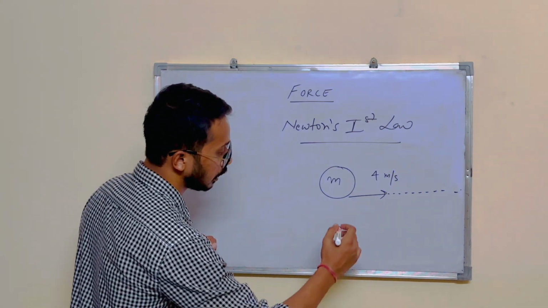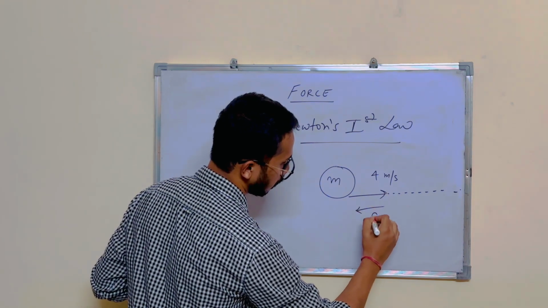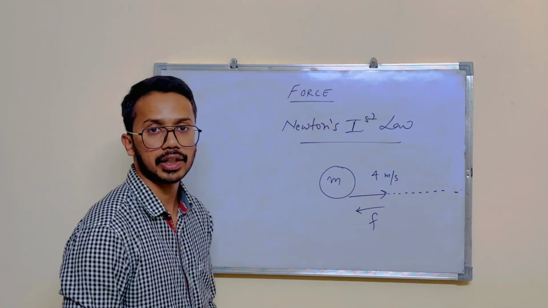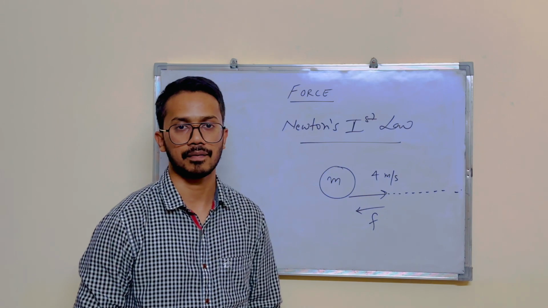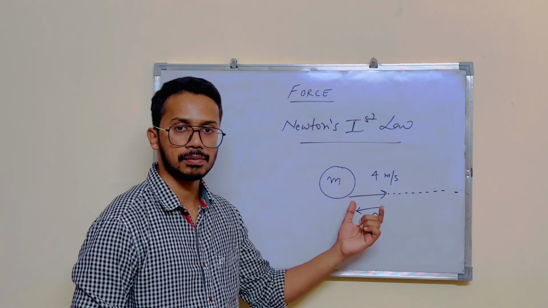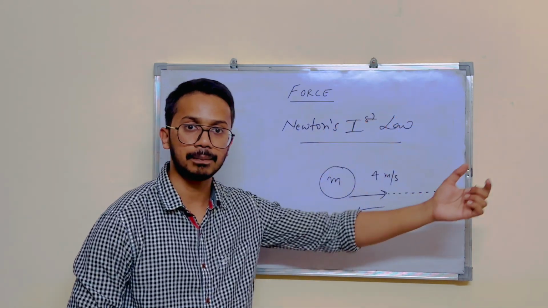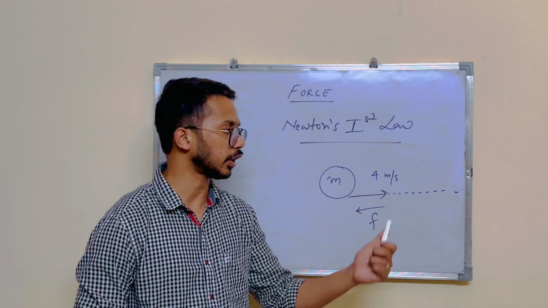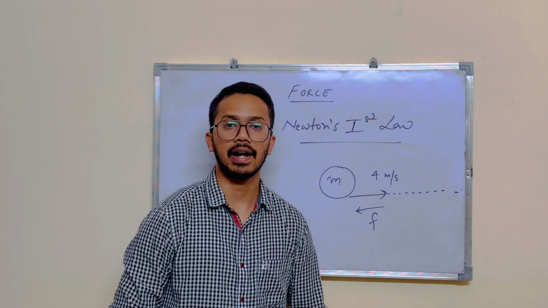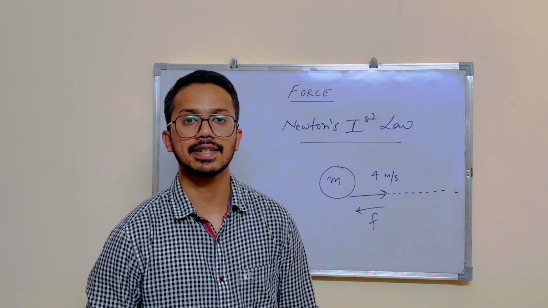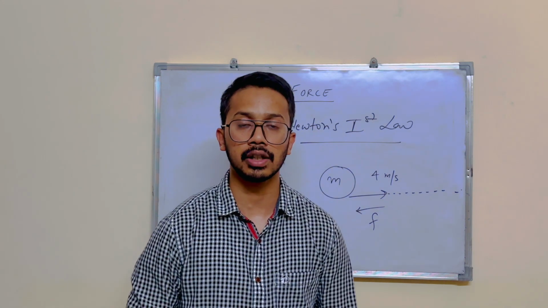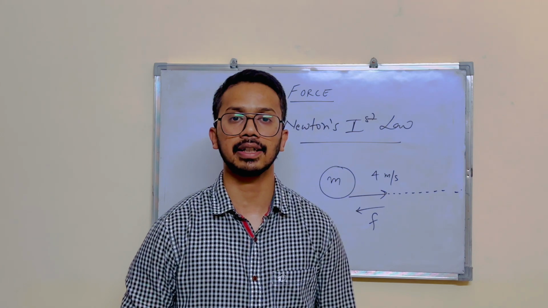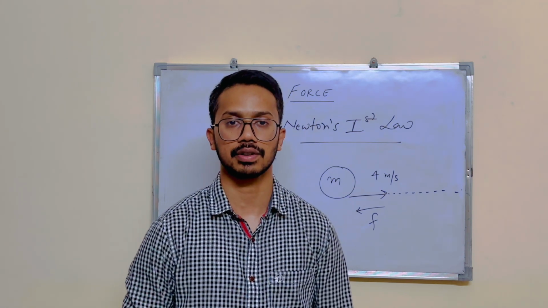Because there is another force, that is the force of friction, which is trying to oppose the motion. But if we take the same object into space and let it move, then this object will move infinitely. So this is what Newton's first law states: every object continues its state of rest or motion until and unless it is acted upon by some external force.